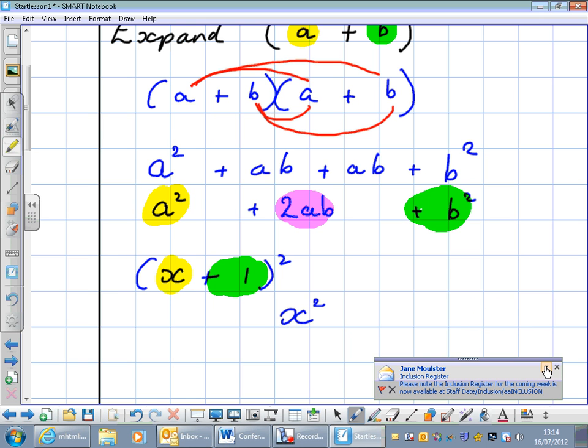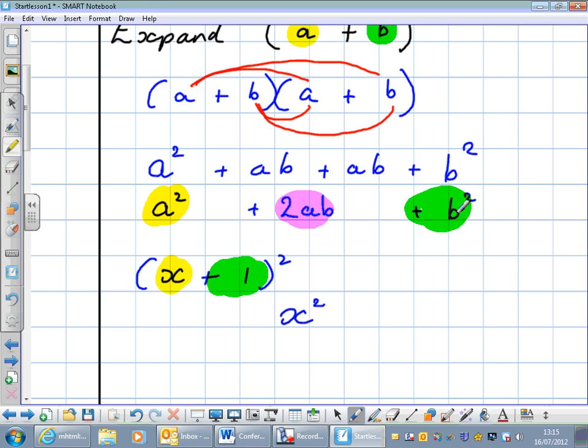At the end, it's plus b squared, so it's plus 1 squared, plus 1. And in the middle, it's twice the product of the two. x times 1 is x, double that, plus 2x. All right, and you've come across that expansion before.